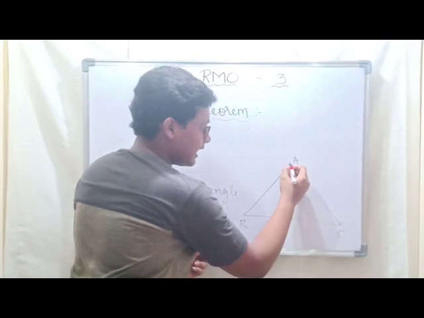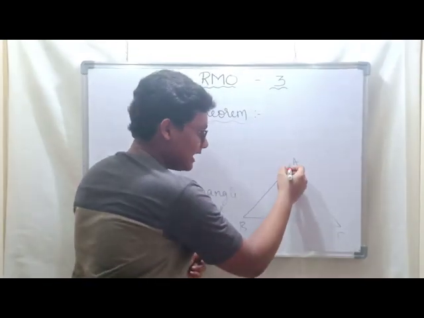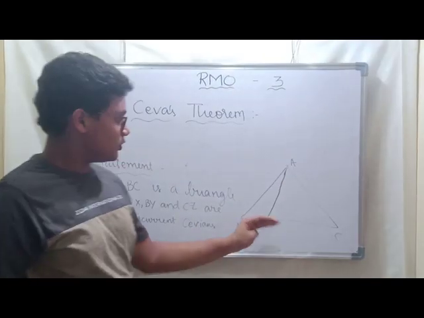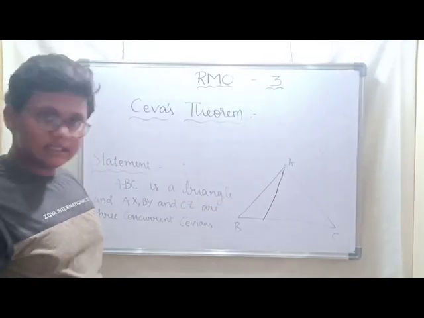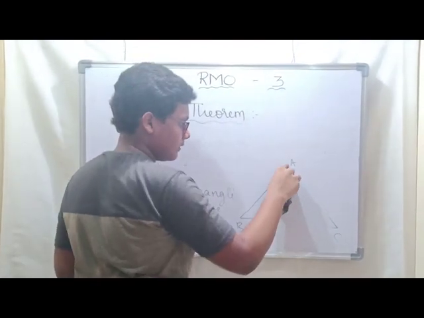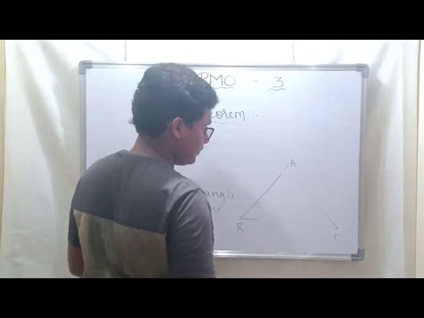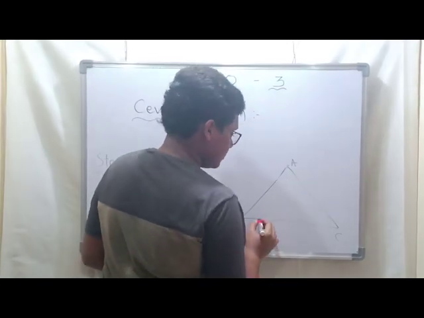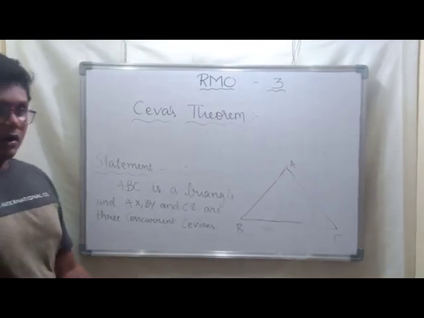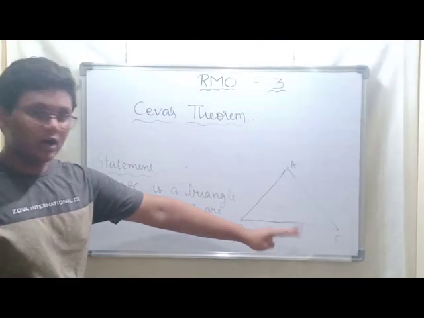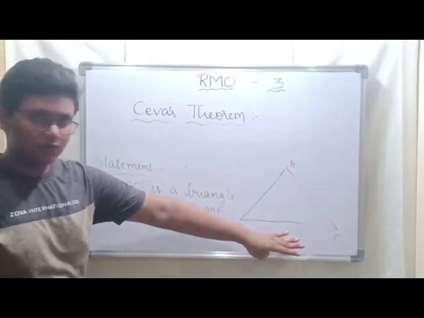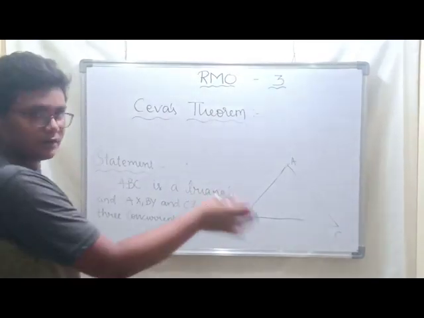It means if we draw a triangle and a line like this, not perpendicular to the opposite side, this is a cevian. In some cases, medians will also be cevians. Cevians are lines, not necessarily perpendicular, passing through a vertex to the opposite side of that vertex.